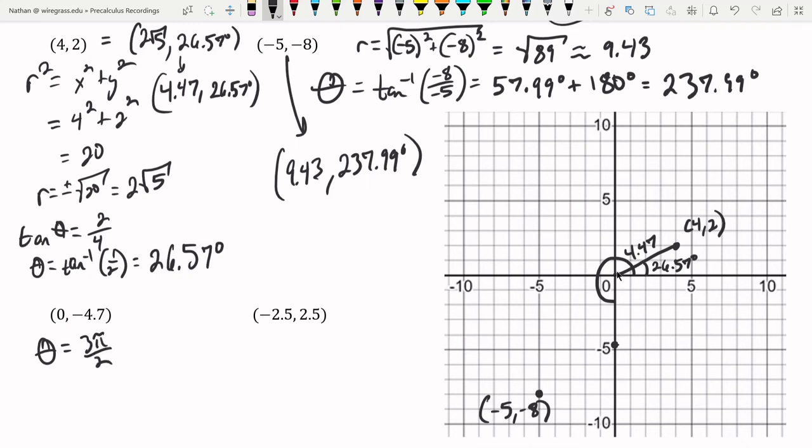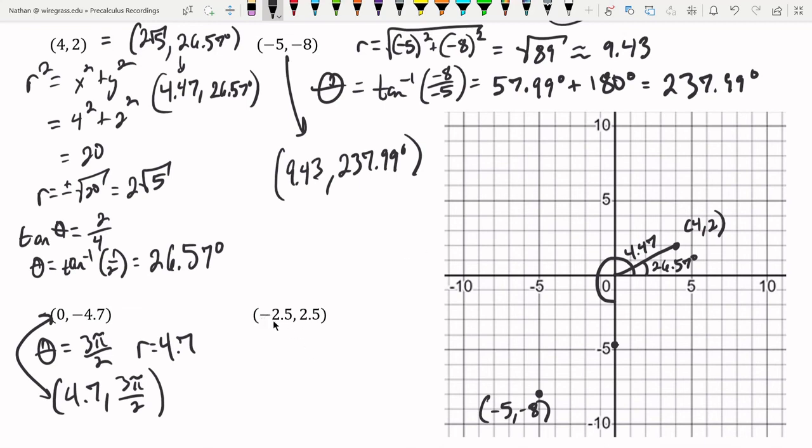And the radius, well, this is actually a straight line here. So we can find the radius by just looking at the distance of this line. And that line is 4.7 long. So 4.7, 3 pi over 2, or 270 degrees, same thing, is the correct polar coordinates of that point.